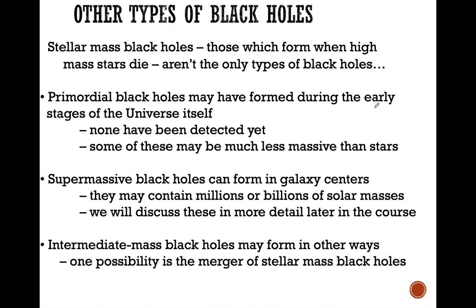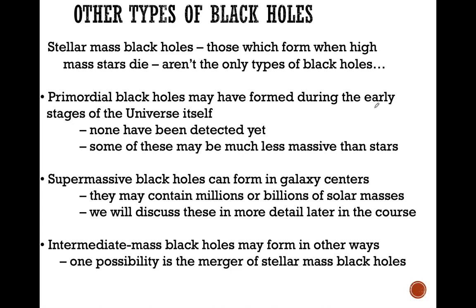That happens basically for high mass stars when a neutron star is created, and if the mass of the neutron star is greater than 3 solar masses, then it will lead to a stellar mass black hole. But there are other types of black holes. There is another type called primordial black holes, which may have formed during the early stages of the universe itself, right? We have not detected those, but we predict that they exist, right?